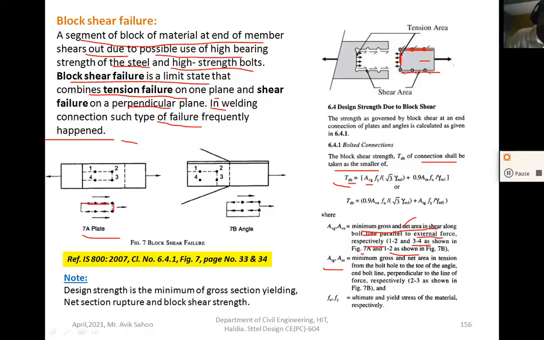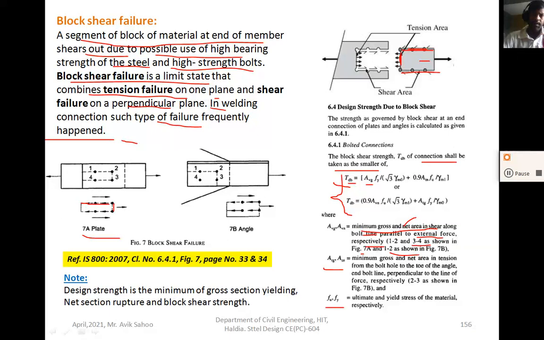Fy is the yield stress of the material, and Fu is the ultimate stress of the material. Using these formulae, you have to compute the block shear strength as well as the tensile capacity of the section, and the minimum you have to provide. So use these two formulae, and the minimum is the block shear strength.